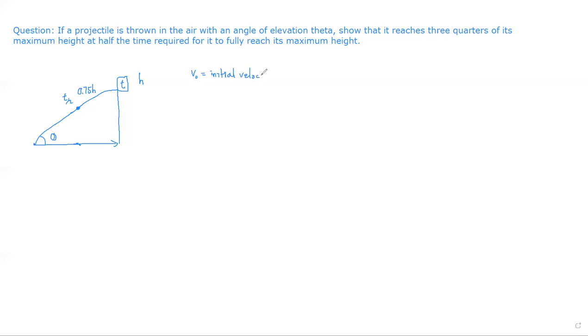Now, let me just write this down. So x is v naught cos theta t, because motion is constant in the horizontal direction.